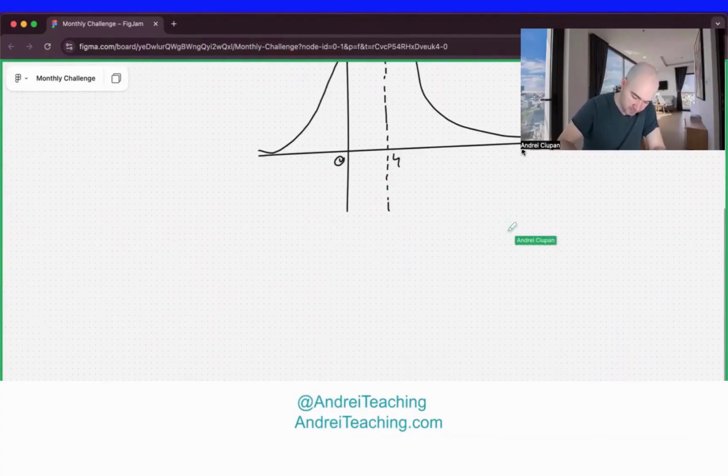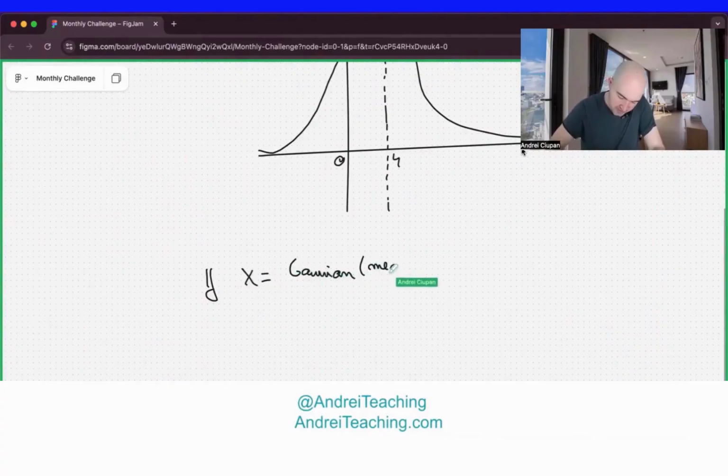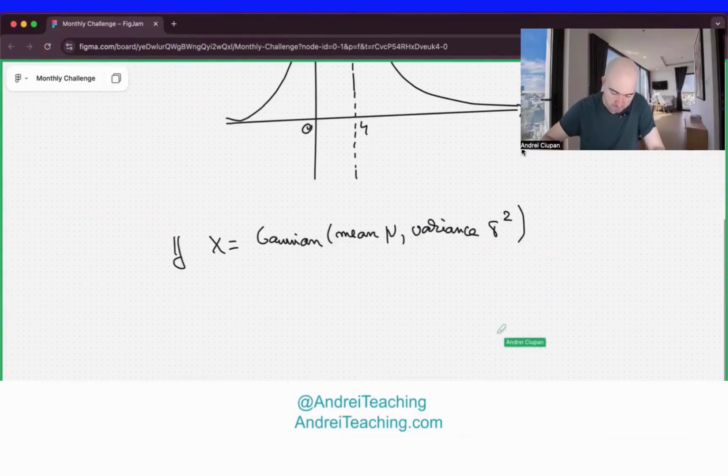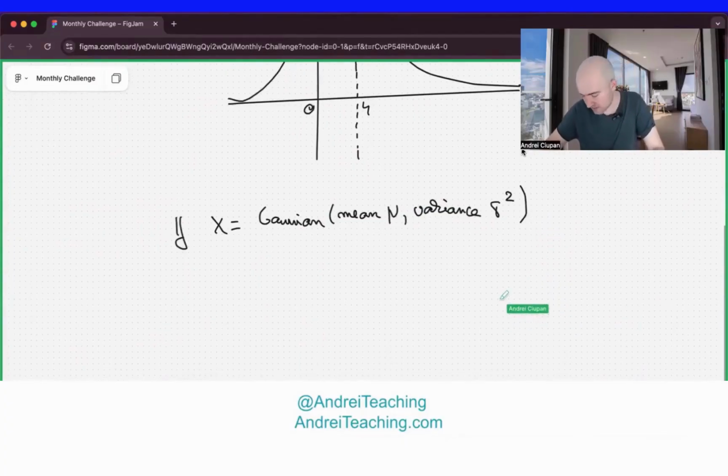So in general, if X is a Gaussian with mean mu, any mean mu, and any variance sigma square, I'm putting a sigma square because the variance has to be bigger than or equal to 0. But if it's 0, then there's no randomness. Like I get the same number every time.